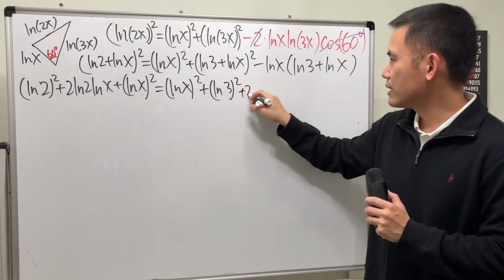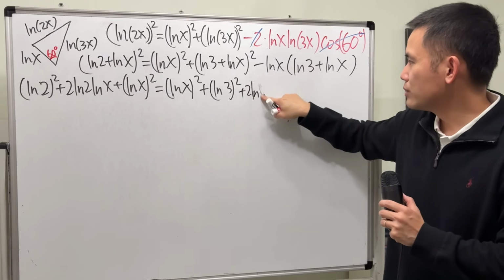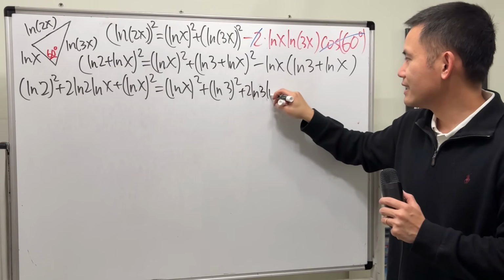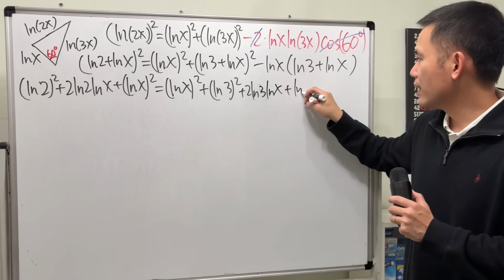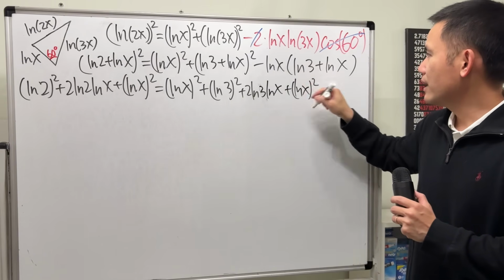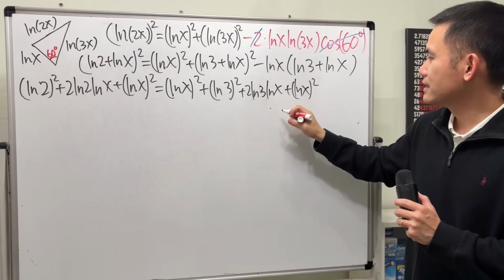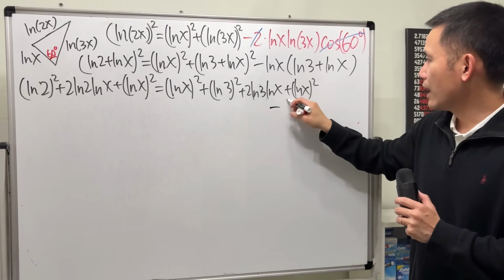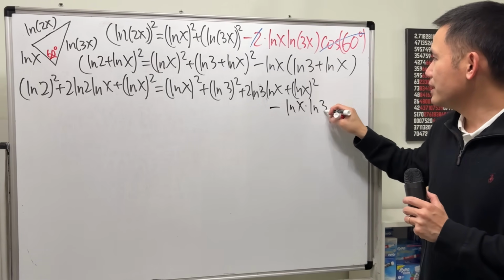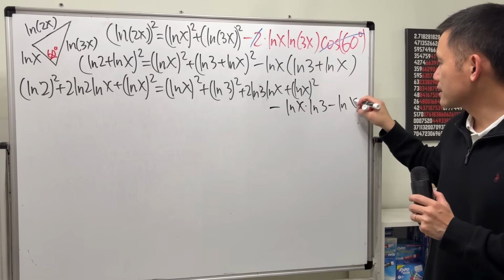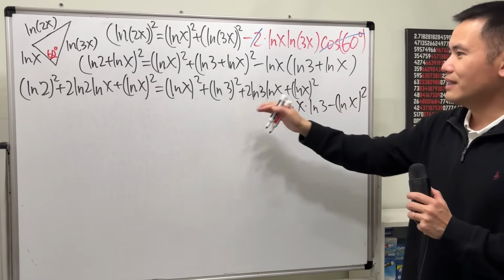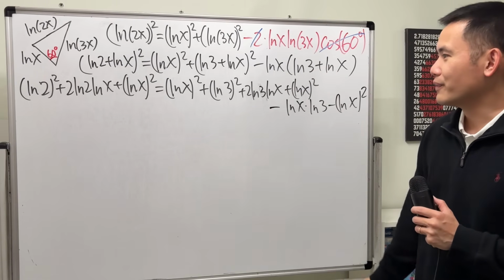Add 2 times this and that, so 2 ln3 ln(x). And then lastly plus ln(x) squared, and then distribute this, so we will have minus ln(x) times ln3, and then lastly minus ln(x) squared. I couldn't fit everything on one line, unfortunately.